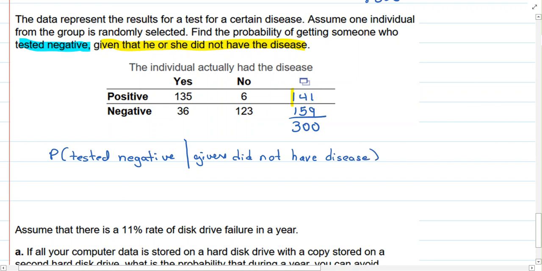All right. Well, we can see we're going to need this number right here as tested negative, but did not have the disease. So this is did not have the disease, no disease. Okay, so that's this part right here. Now, tested negative, so that's at 123, and did not have the disease.